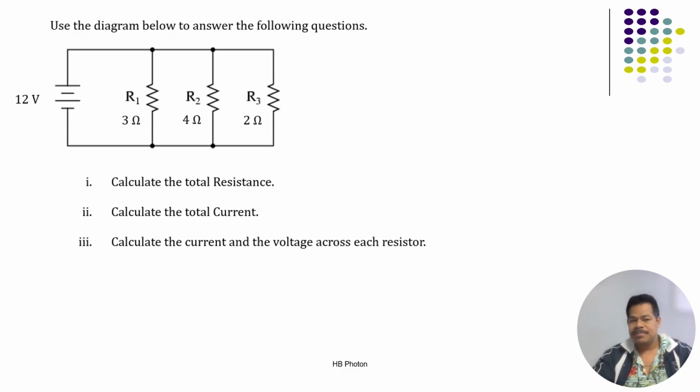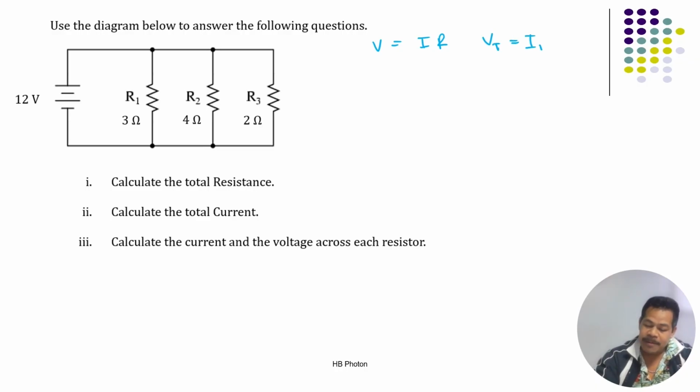The first question: calculate the total resistance. To find the total resistance, we still use the Ohm's law relationship, where V is equal to I multiplied by R. VT, total voltage, is equal to IT multiplied by RT.